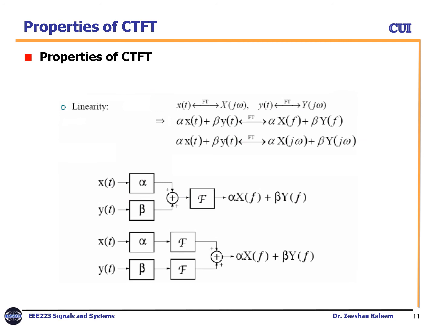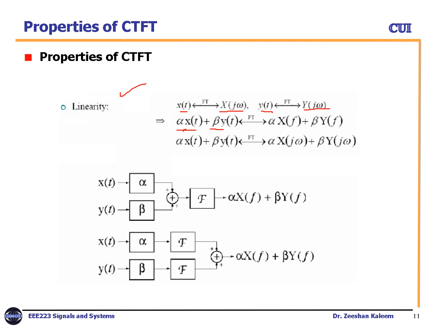Okay, let's discuss the first property, which is linearity. We already discussed the linearity property for the Fourier series. Here we are discussing it again in terms of the Fourier transform. You have x(t), whose Fourier transform is X(j omega), and another signal y(t), whose Fourier transform is Y(j omega). Linearity means that you multiply x(t) by some constant alpha, multiply the other signal by beta, and add them in time domain.